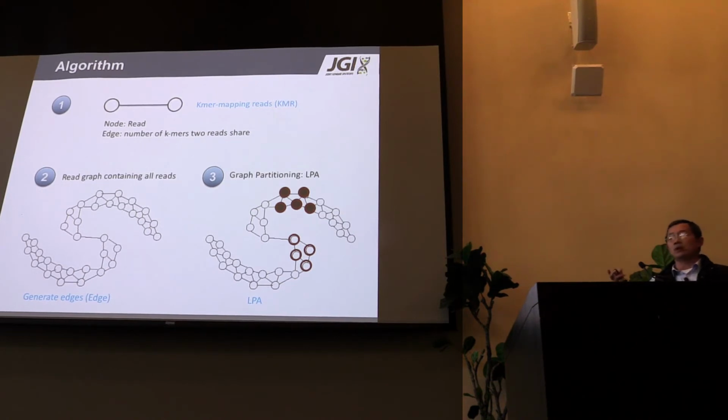When we compute all the overlaps, we can form a read graph where the nodes are the reads and the edges are the number of k-mers they share. And then we can apply a graph partitioning algorithm, like the label propagation algorithm I present here, to try to figure out which pieces come from the same genome. Okay?